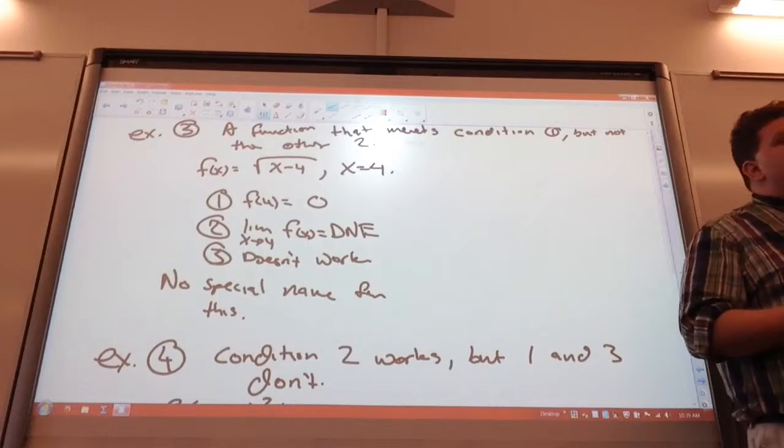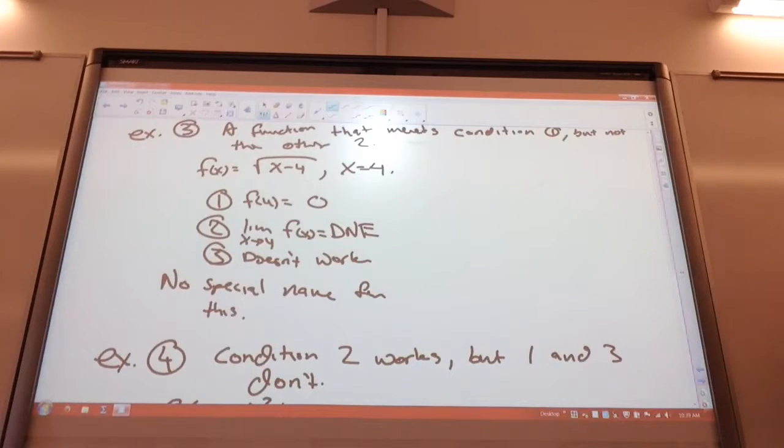Yes? What does the graph of this look like? It looks like something like this one right here. It'd be the square root function. So if I drew it out, 1, 2, 3, 4, it'd have a defined point there, and it lazily comes up like that. This point would be 4, 0. And that would be it. There would be nothing out here.